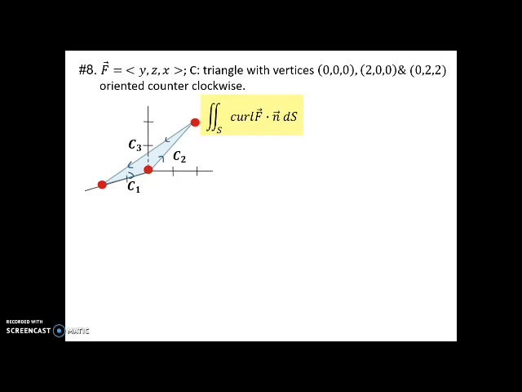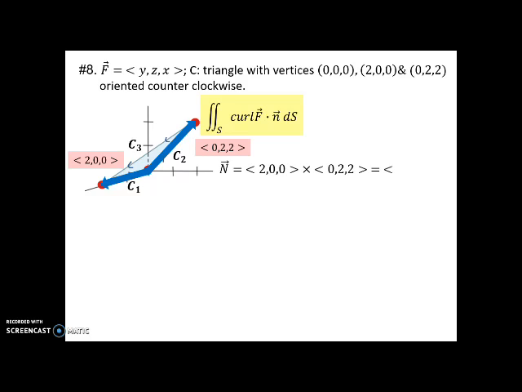So now we're going to need the curl, and we're going to need the unit normal vector. And so to get the normal vector, what I decided to do would be to create a vector from 0, 0, 0 to the point 0, 2, 2, and another vector from 0, 0, 0 to the point 2, 0, 0, because then I can cross those 2 vectors, and that'll give me a vector perpendicular to the triangle.